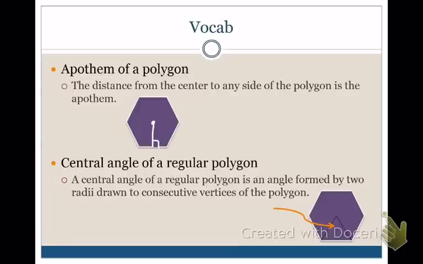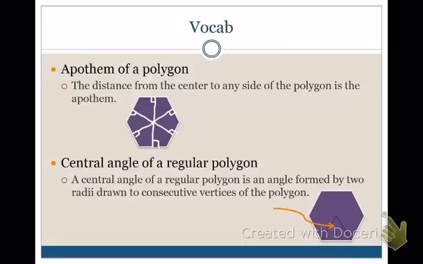So the apothem will tell us the distance from the center to the side of that polygon, and if we were to draw that distance segment in, it would be perpendicular to one of those sides. Okay, now, just like there are 6 radii, I could draw an apothem in 6 different places, and all of those distances would be the same. So it doesn't really matter where the apothem is, as long as it's a segment from the center to the side that's perpendicular. Okay?